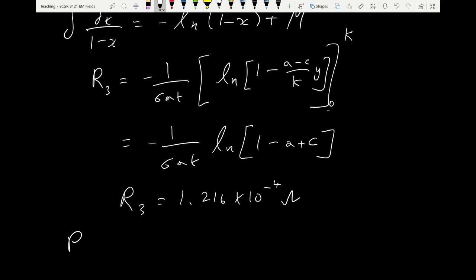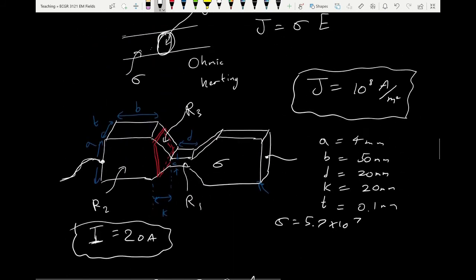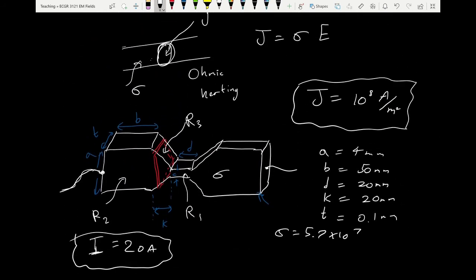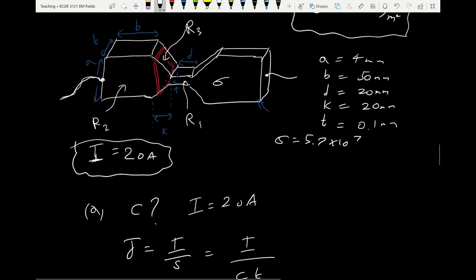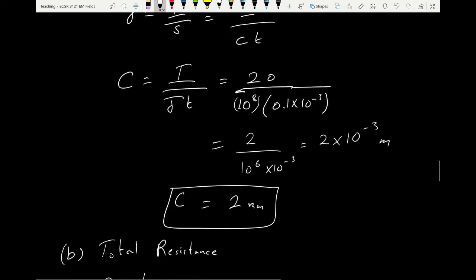Now, what is the total resistance? Everything is connected in series here, right? So we have two of those big rectangles, two of the R2s, one of the intermediate neck here, and then two of the trapezoids. So one R1, two R2s, and two R3s.